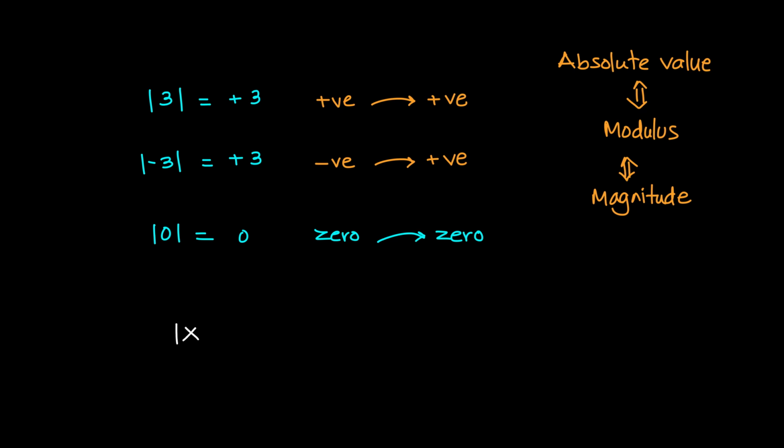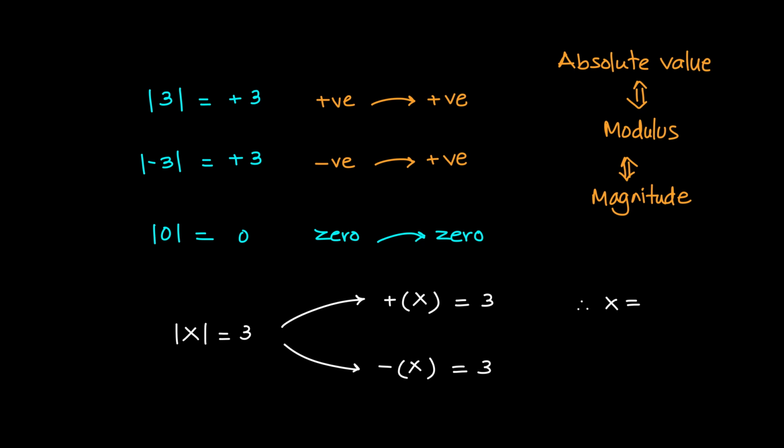That means if I say modulus x equals 3, there are two possibilities. The possibilities are x was positive and the answer naturally is positive, or x is negative and the answer is positive after the absolute value sign. In other words, x is 3.